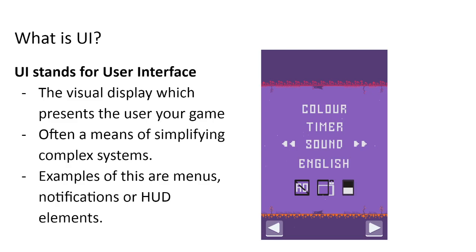If you look back to the very first UIs, these were a means of simplifying programming terminals. In games themselves, you're looking at things like game over screens, start menus, pause screens, and even elements like health bars or points.